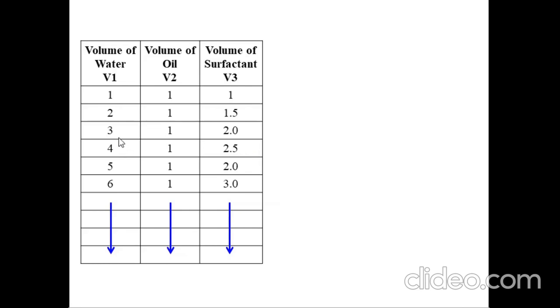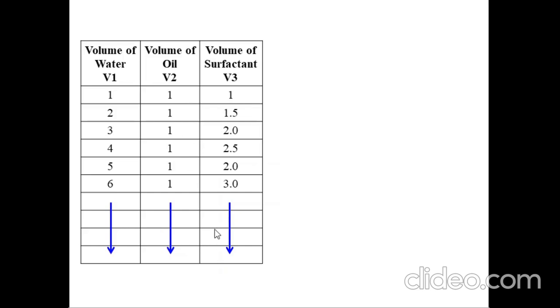So for example, if you take 4 ml of water in a test tube and 1 ml of oil, in order to obtain a homogeneous mixture, you need to add about 2.5 ml of surfactant. So you continue the experiments for several volumes of water if you are keeping the volume of oil constant, or vice versa.